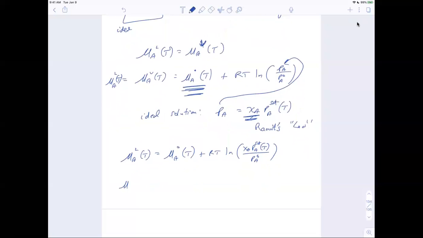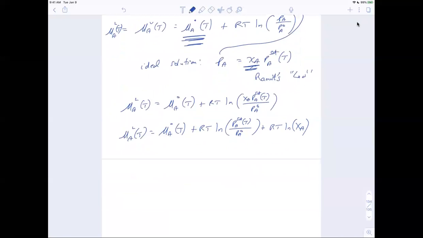And then we can just carry everything. Now the math is very, very simple. This is just mu A at that reference pressure. Now we're just going to split what's in the log, because remember, the log of a product can be written as the sum of the logs. So here we're going to write RT natural log PA sat, which is the vapor pressure of A at this temperature, over PA naught, plus RT natural log X of A, where X of A is the composition of A in the liquid.